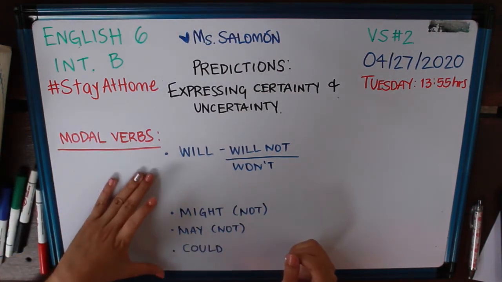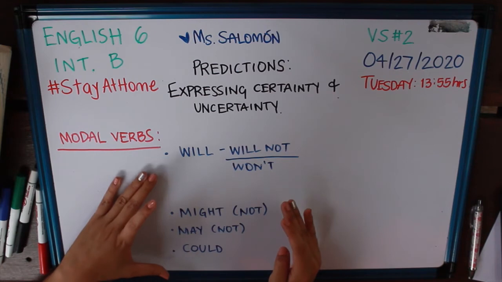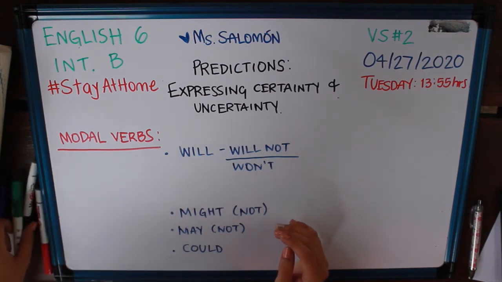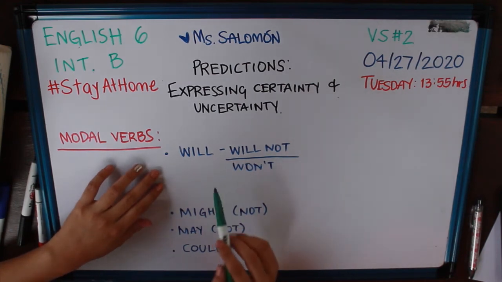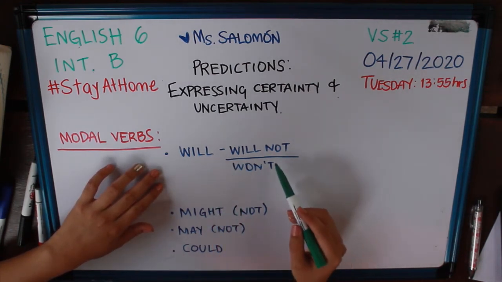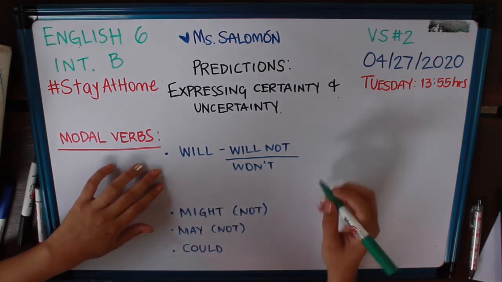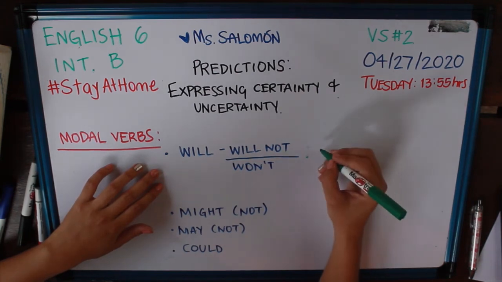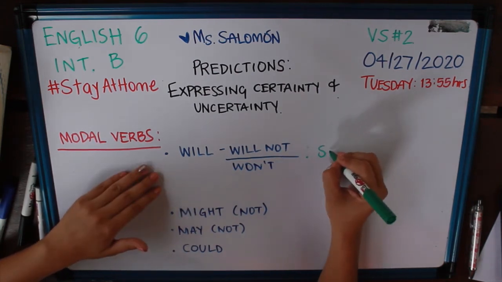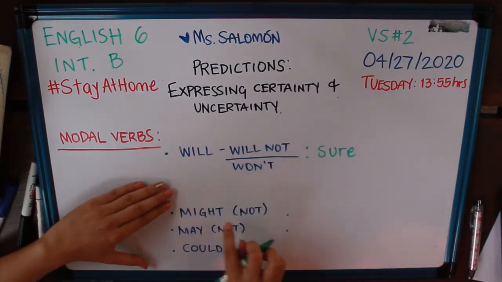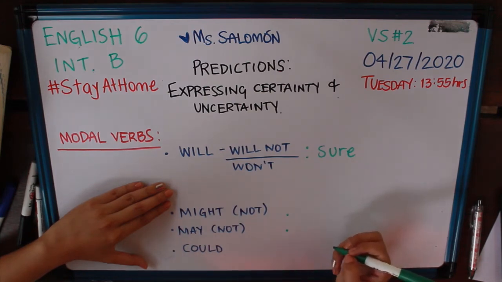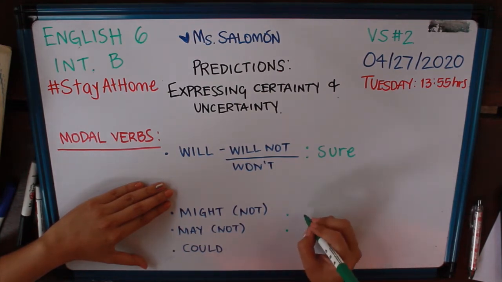Now, whenever we choose to use these modal verbs by themselves, we will be expressing the following. If we use the modal verb will or its negative form, will not or won't, we are expressing that we are sure about something. And whenever we choose to use might, might not, may not, or could, we are saying that we are not so sure.